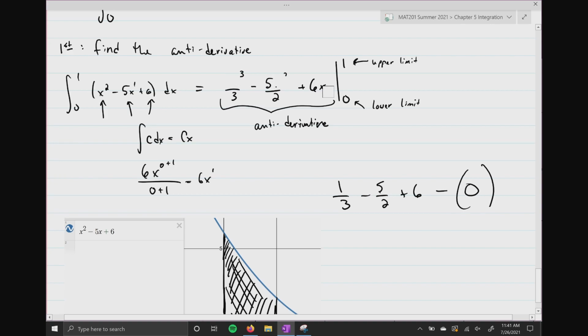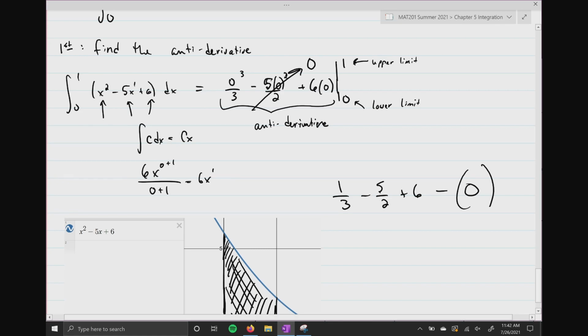Wherever I saw an x, I substituted a 1. So that's how I got 1/3 minus 5 over 2 plus 6. And then the lower limit 0, so this entire thing just goes to 0.